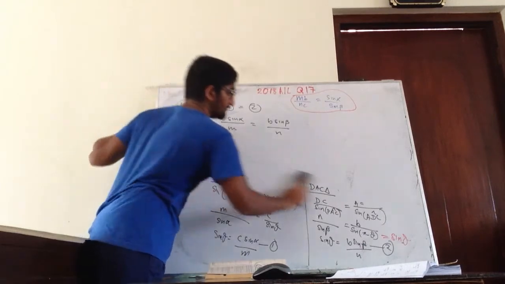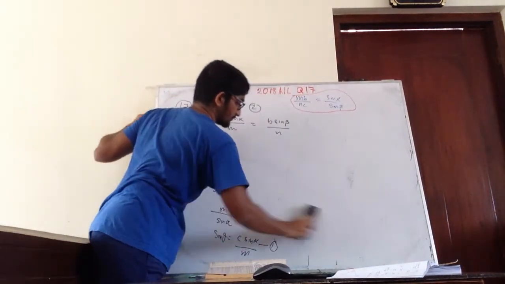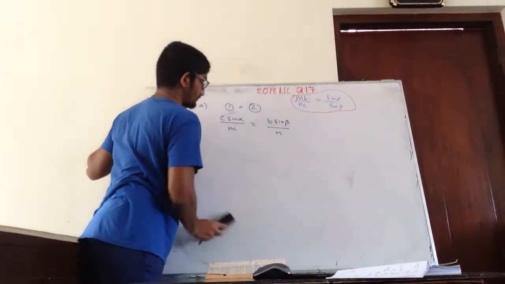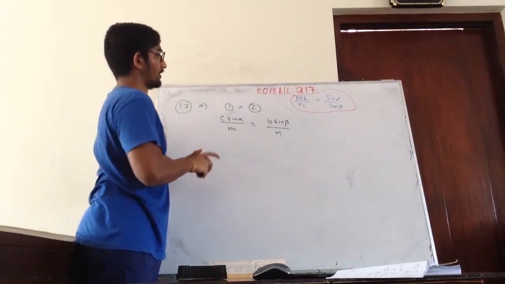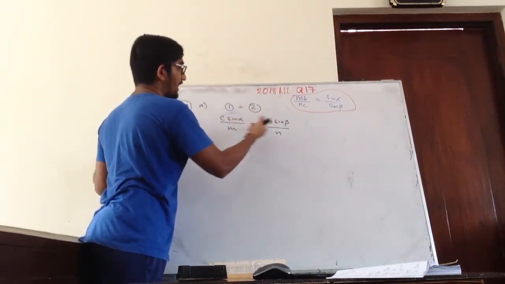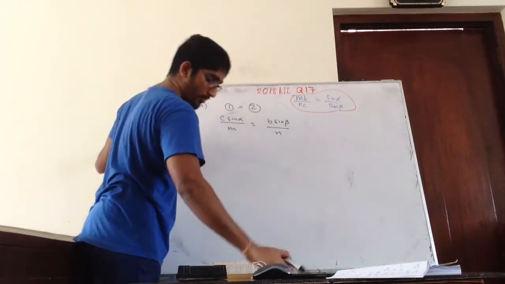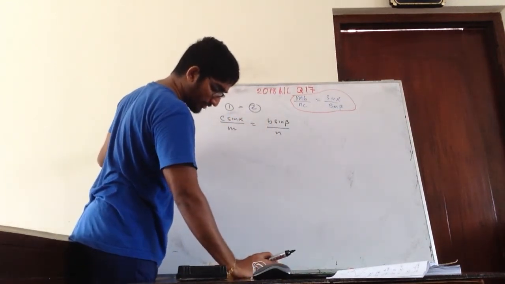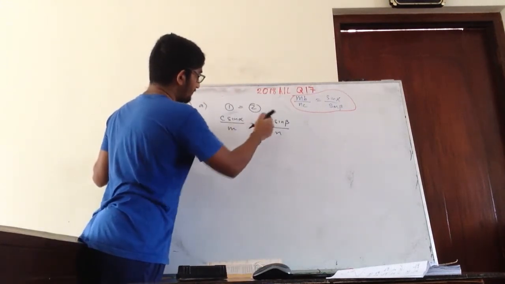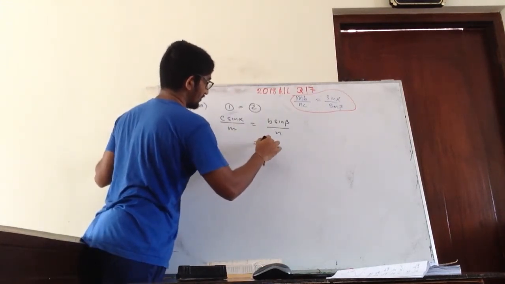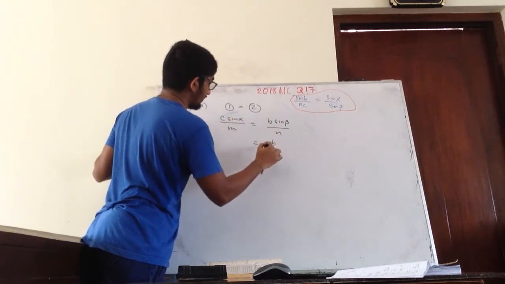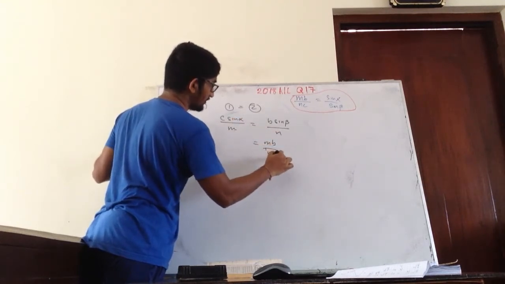So now here I can get the answer I want, right? So I have MB and then NC here.